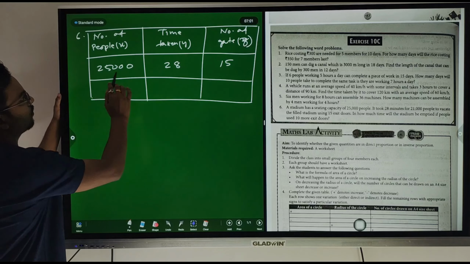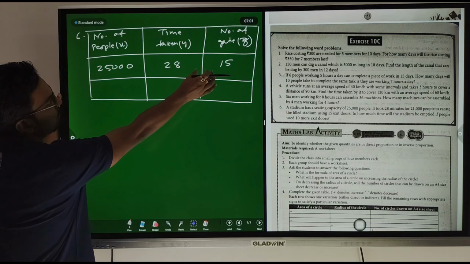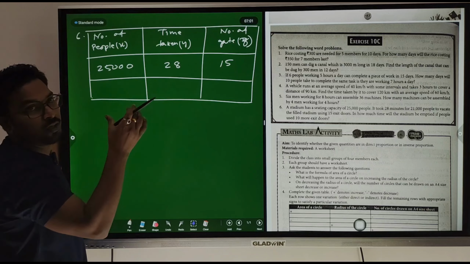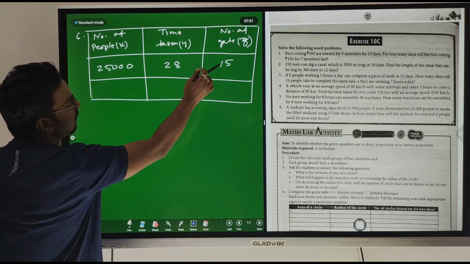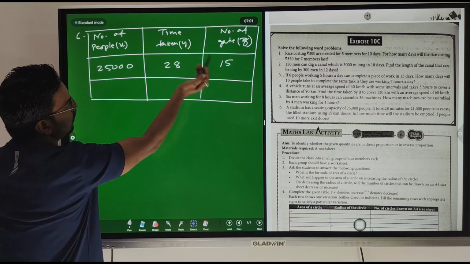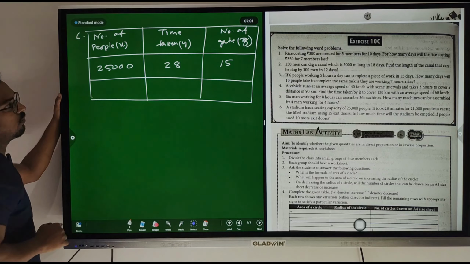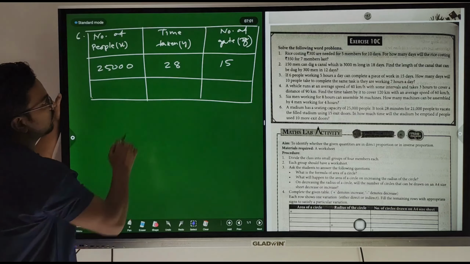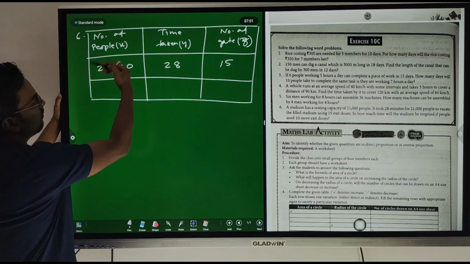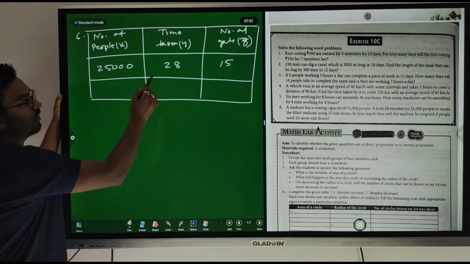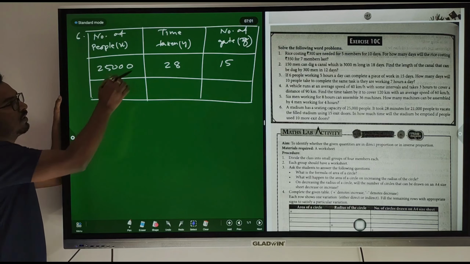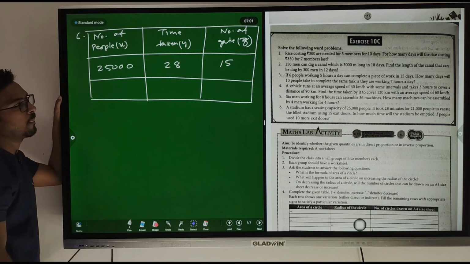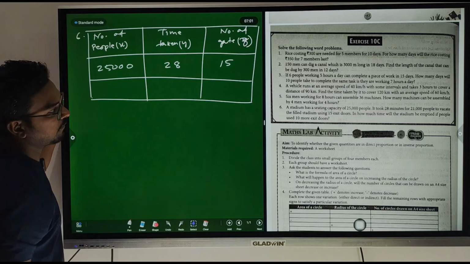So if the number of gates is more, more people can come out, right? Less gates, less people can come out. As well as if you relate with time, if the number of people is more, then it will take more time to come out from that gate, right? Less people, less time it will take. Okay, so all are directly proportional here.